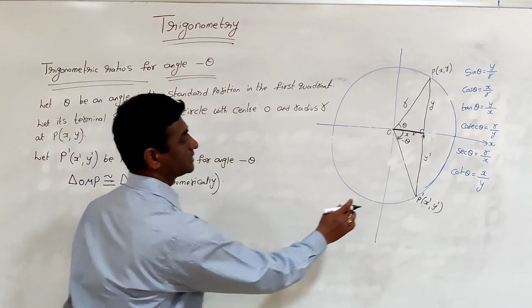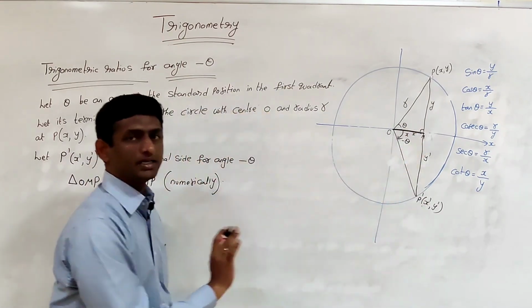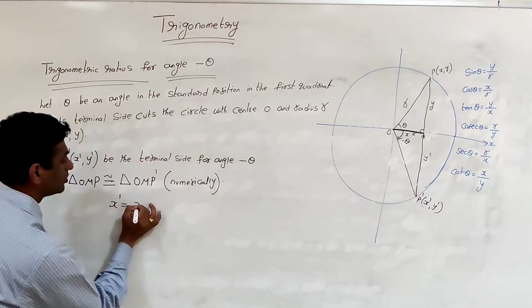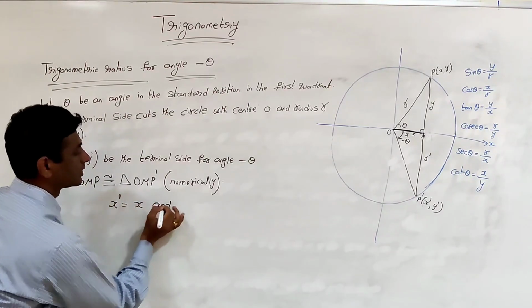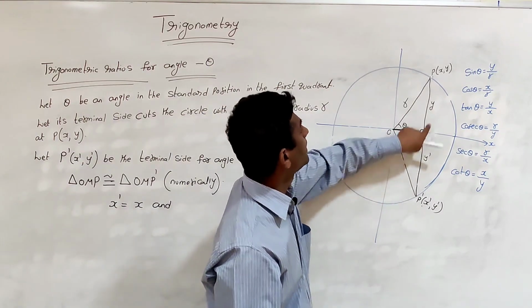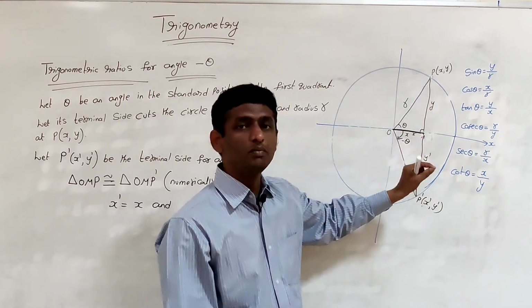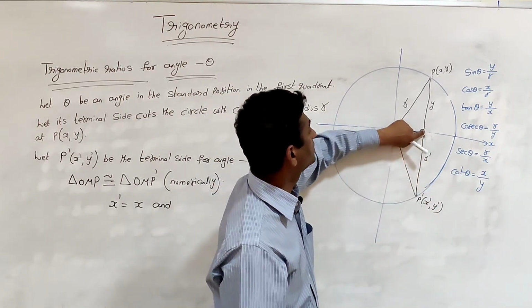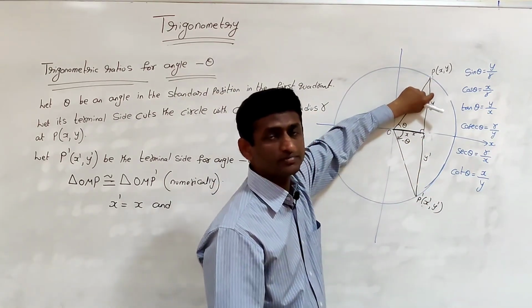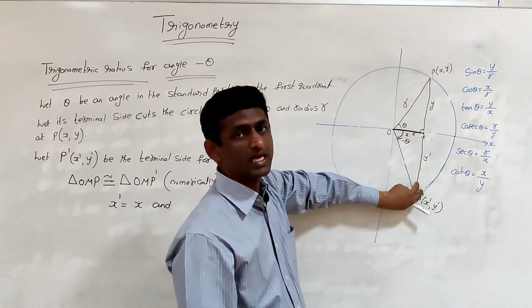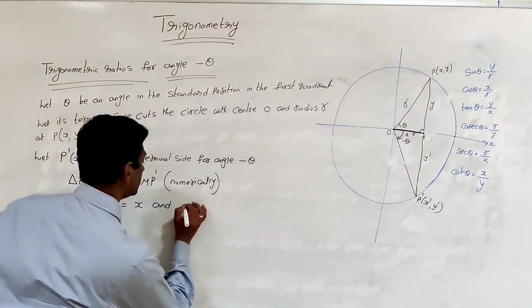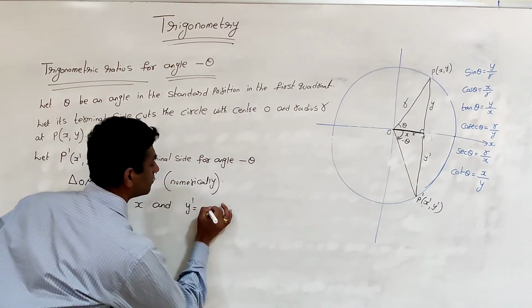It means x dash and x are equal. So x dash is equal to x, and the lengths of MP and MP dash are equal but of opposite sign, because one is in the first quadrant and the other is below the x-axis, towards the negative y-axis, and y dash will be minus y.